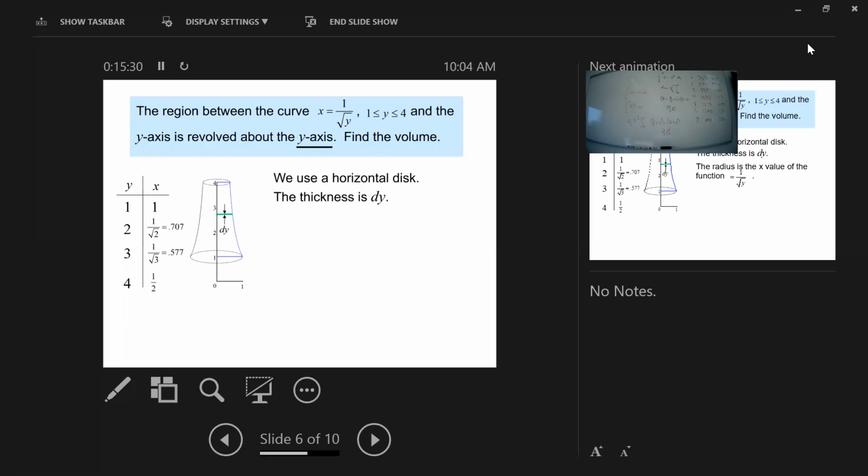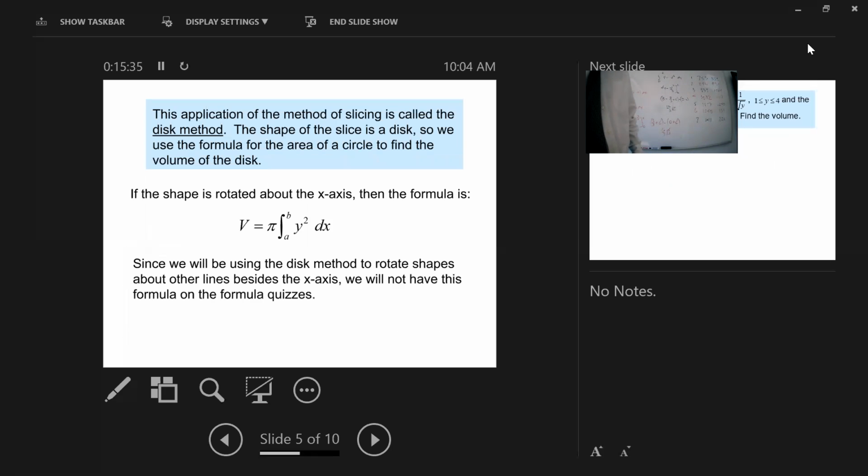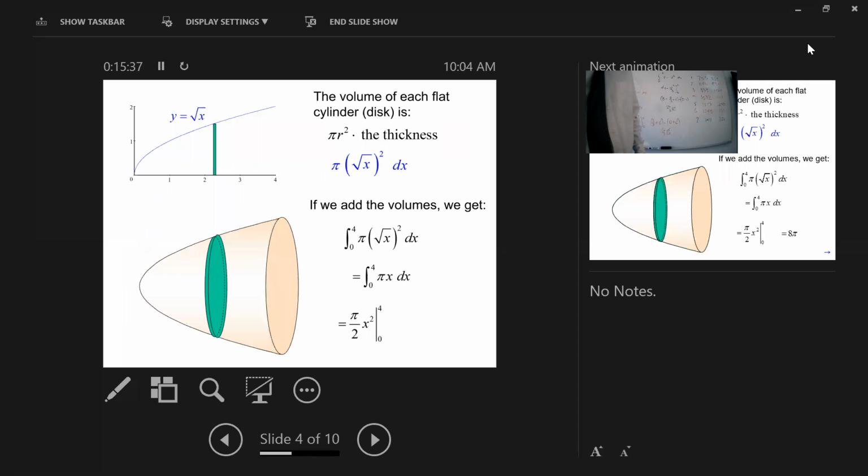And if we back up to the cone problem, we rotated this function about the x-axis, and our cut hit the x-axis at a right angle. Everything we're doing today is perpendicular.